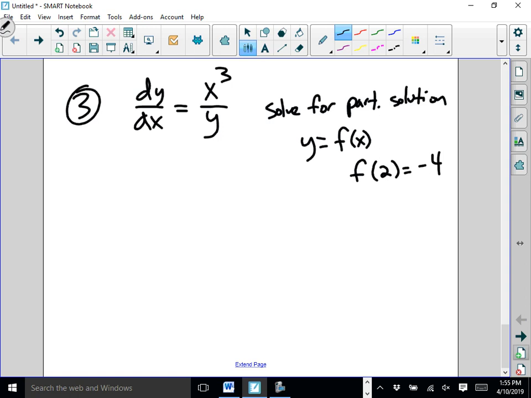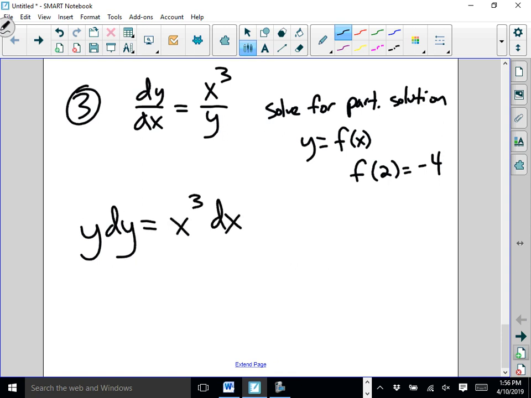When I separate these variables, I'm going to multiply dx to the other side. I'm going to keep the x cubed in place, but I got to get rid of that divide by y. I get it to the other side by multiplying by y. I end up with y dy equals x cubed dx.